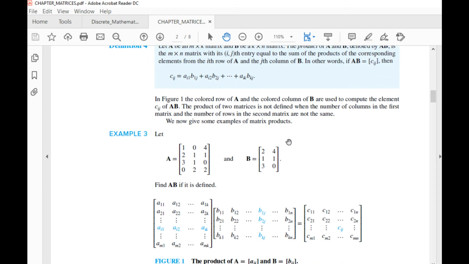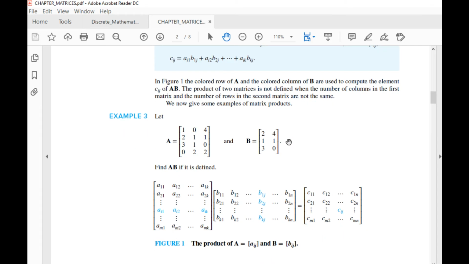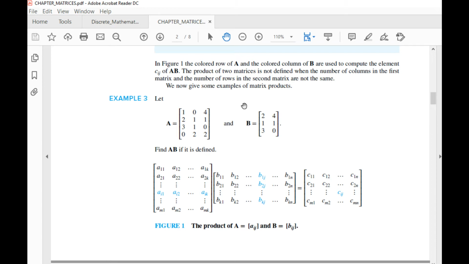But look at the example given here. This is example number 3. How do we know that the matrix product is defined, or that we could actually solve it? Let's look at the size of the matrices. Again, we count the rows first. This is a 4 by 3 matrix, and this one is a 3 by 2 matrix. So how do you know if it's defined?